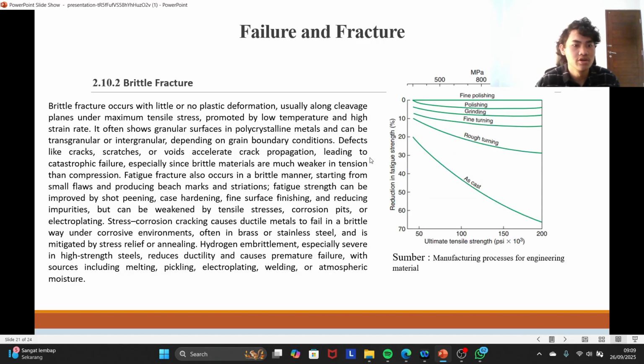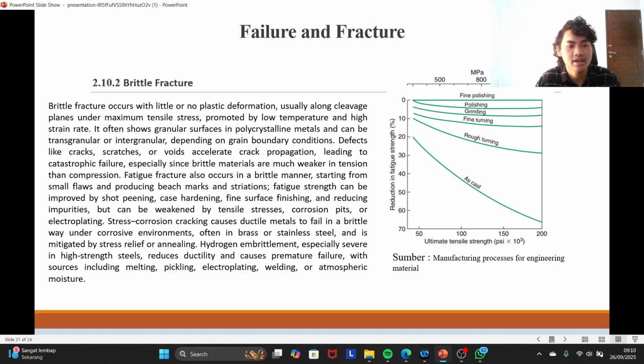Brittle fracture. Brittle fracture occurs with little or no plastic deformation, usually along cleavage planes under maximum tensile stress, promoted by low temperature and high strain rate. It often shows a granular surface in polycrystalline metal and can be transgranular or intergranular, depending on grain boundary condition.